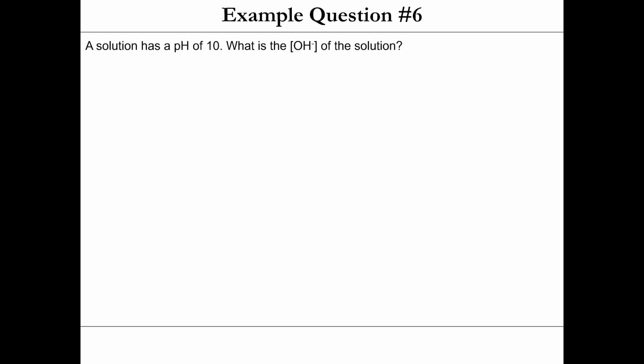So we know that we can determine the hydroxide ion concentration from the proton concentration, and we know that we can derive the proton concentration from the pH. So not too difficult. We'll start out with our first equation, pH equals the negative log base 10 of the proton concentration.